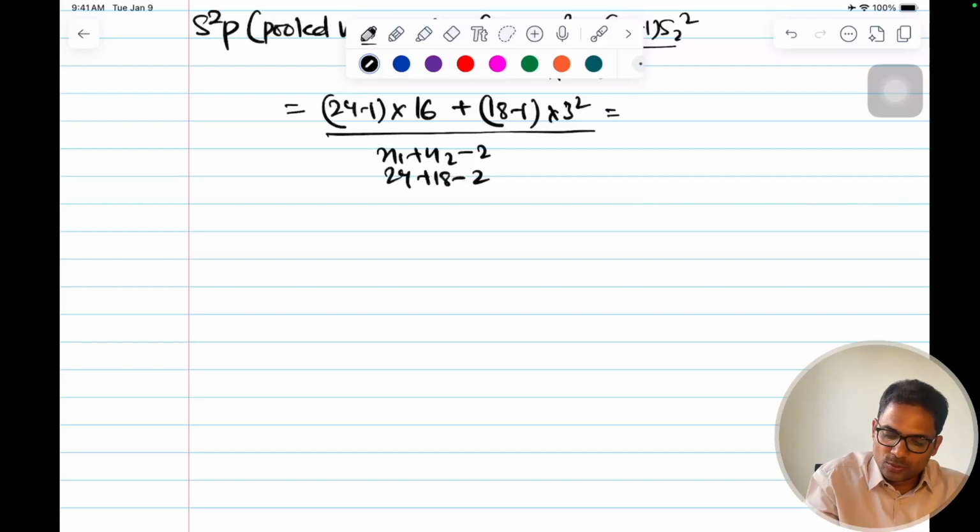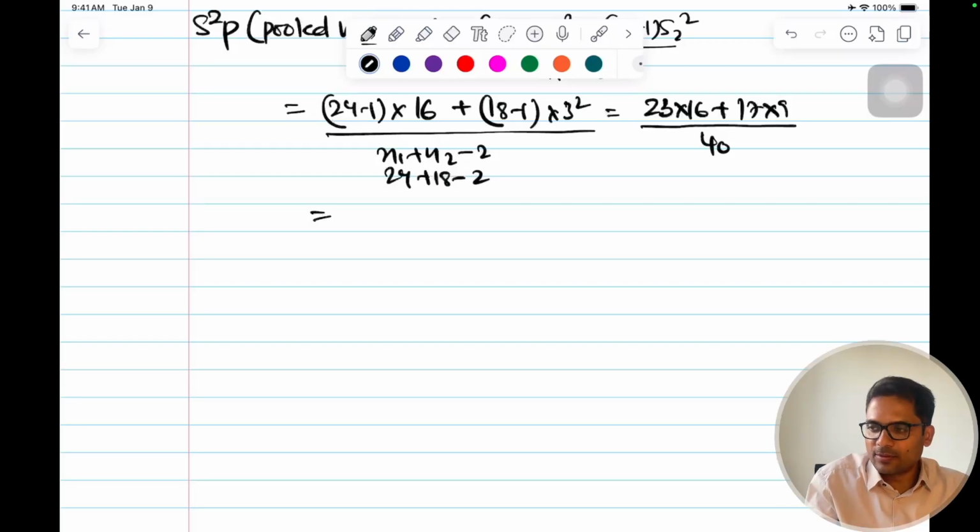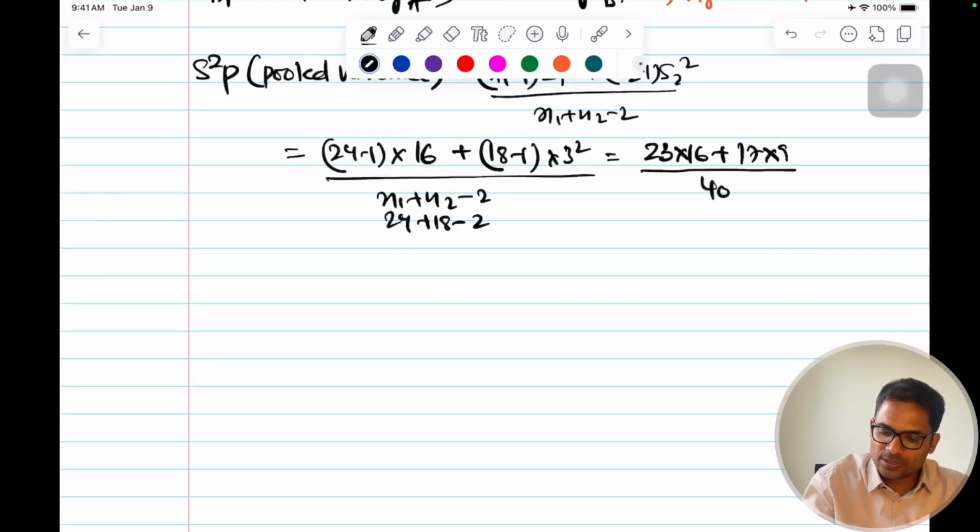This equals 23 into 16 plus 17 into 9, divided by 40. If you calculate it, this will come out to be approximately 13.